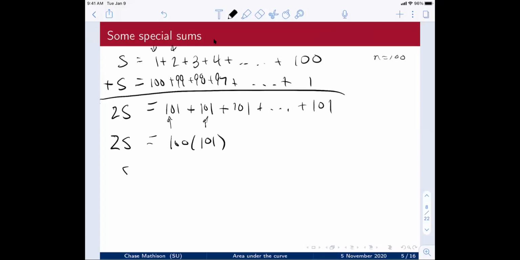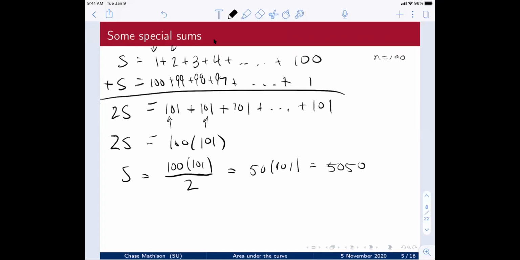That tells me that S is equal to 100 times 101 divided by 2. In this case, for n equals 100, 100 divided by 2 is 50, times 101. And so little Gauss was exactly right. We get 5,050 for this sum.